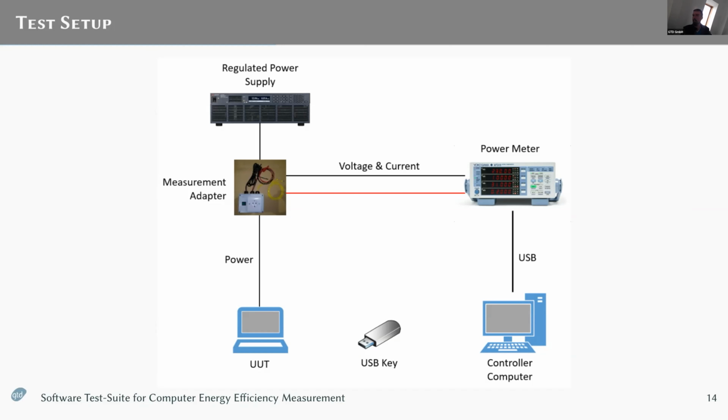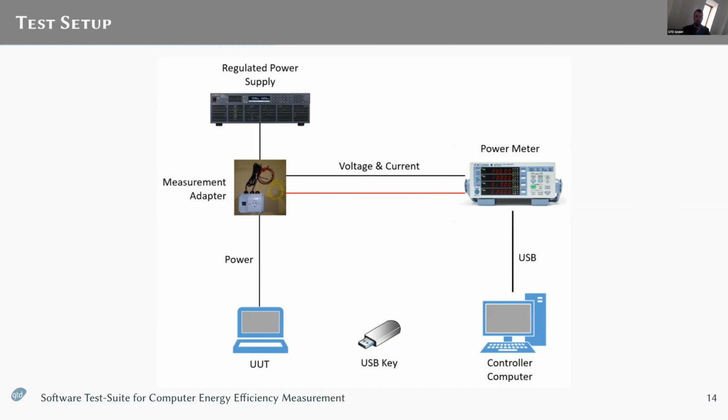You will see that in a minute within the live demo. The reason for that is that we wanted to have the minimal amount of communication between the unit under test and the controller computer, to not impact either performance or the power measurement in any negative way. So data is transferred manually with the USB key.